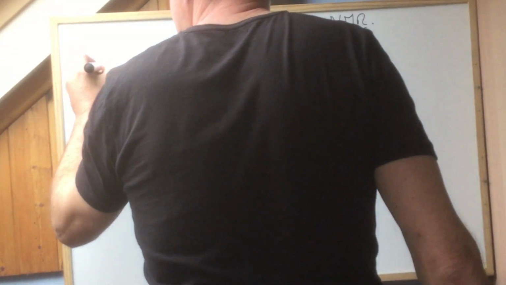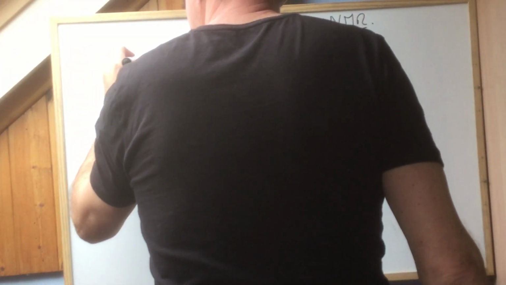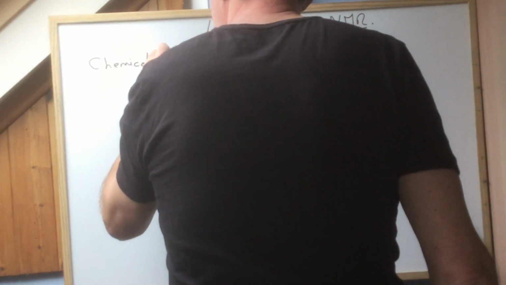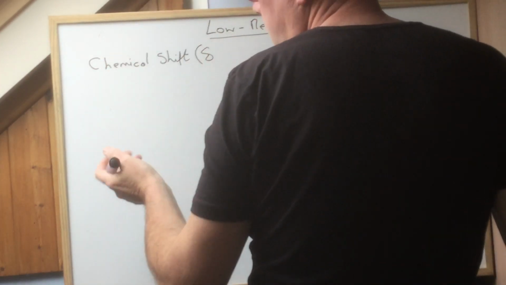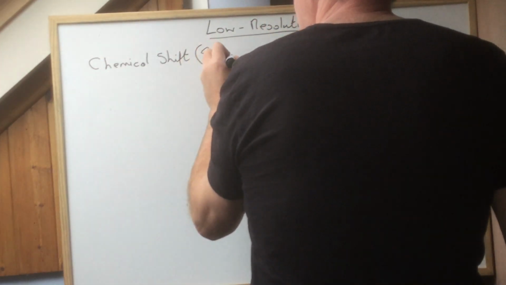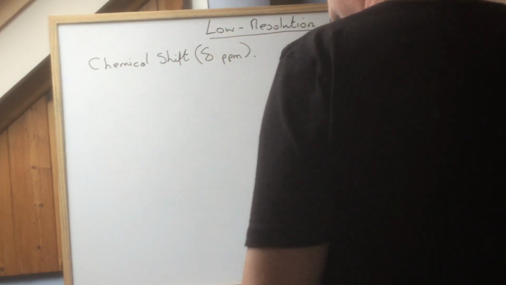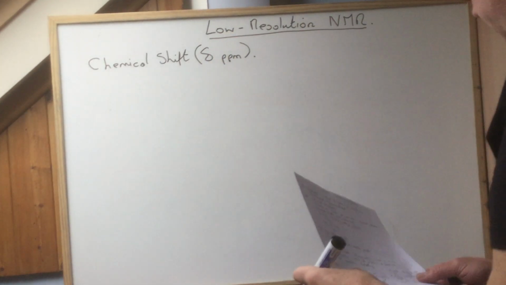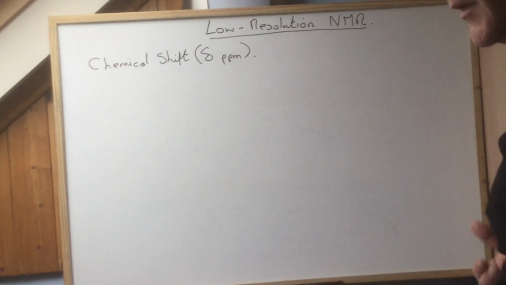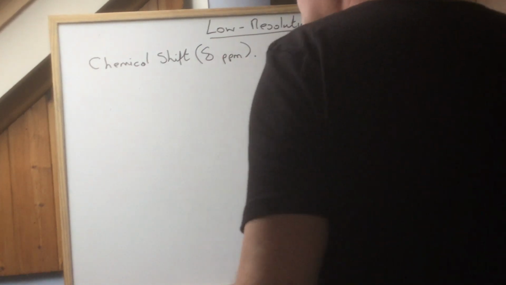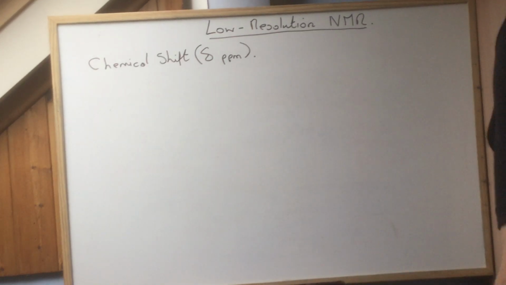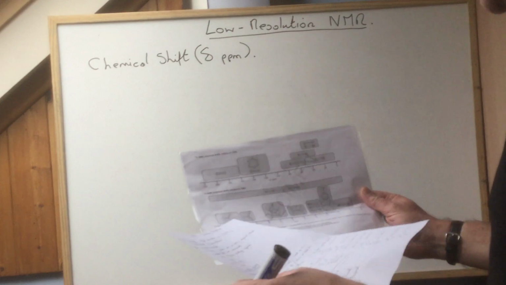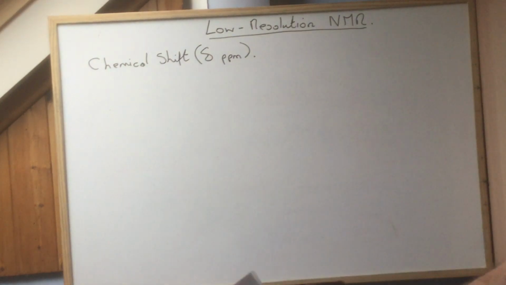Right then, chemical shifts. This definitely needs a little bit of investigation. Delta is the abbreviation for chemical shift, and the units are parts per million. If you look at that data sheet in front of you, we'll go from the right to the left. You'll see a scale that goes from 0 to 12 parts per million chemical shift.